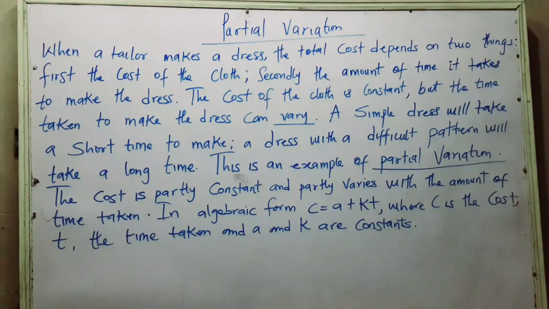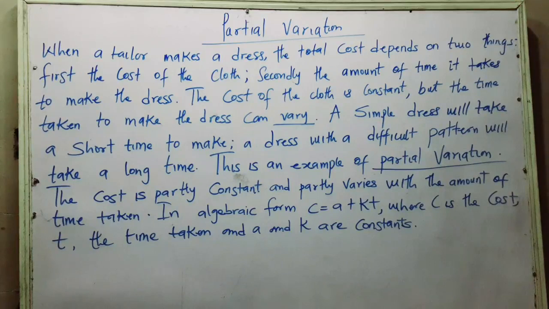In practical sense, when a tailor is making a very simple style without adding any pattern to it, surely it will take a short time. But when a tailor is making a cloth of a difficult pattern, it will take a longer time.